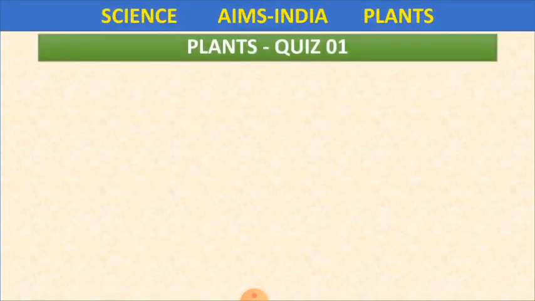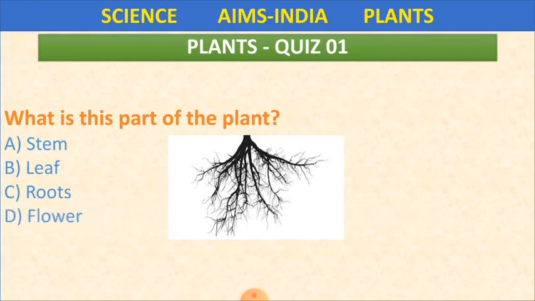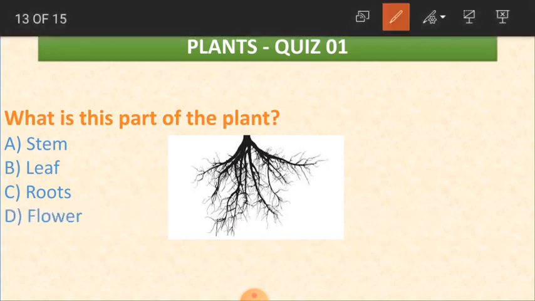Okay. What is this part of the plant? Yes, very easy to answer, children. Stem, leaf, roots, or flowers? It is roots. Okay, this part of the plant is roots.